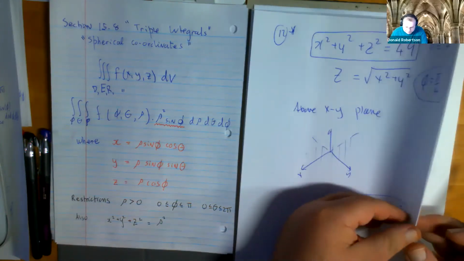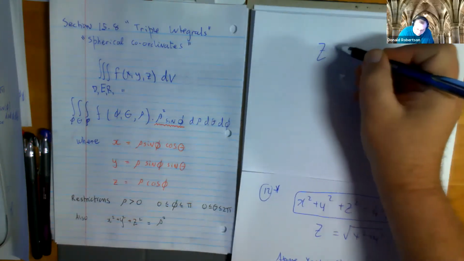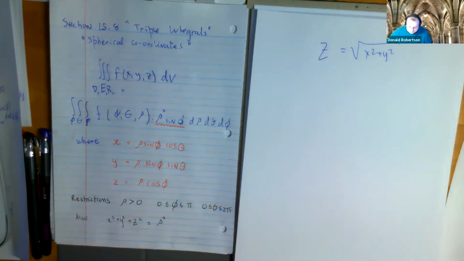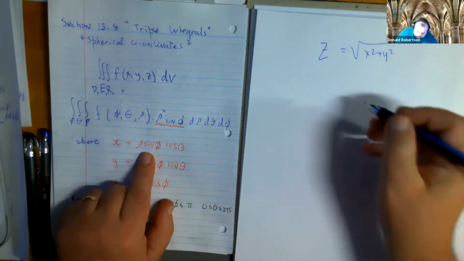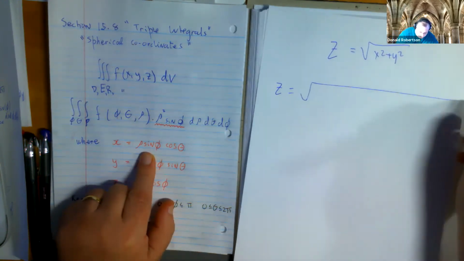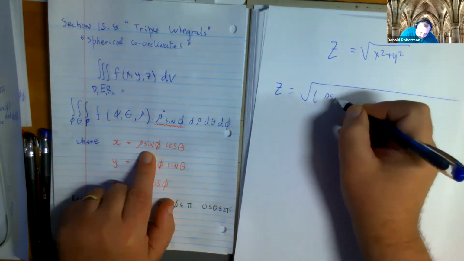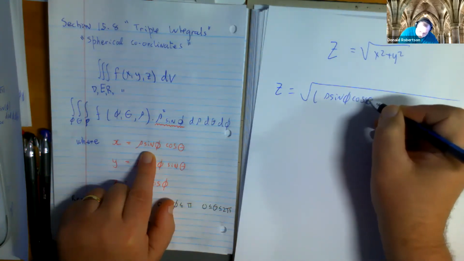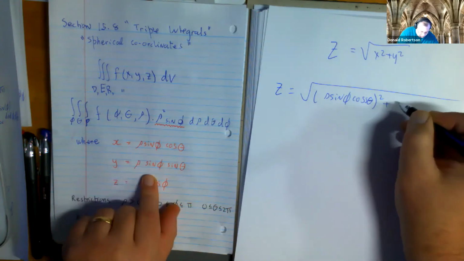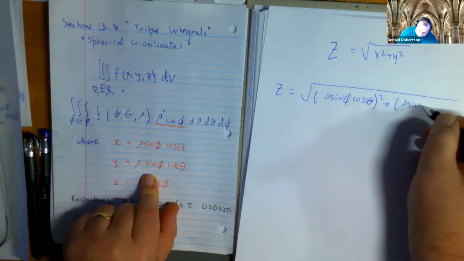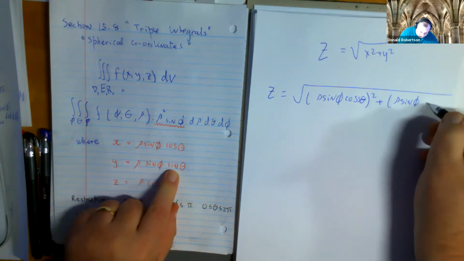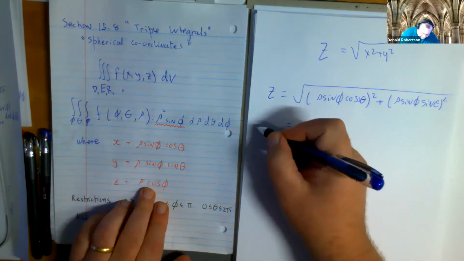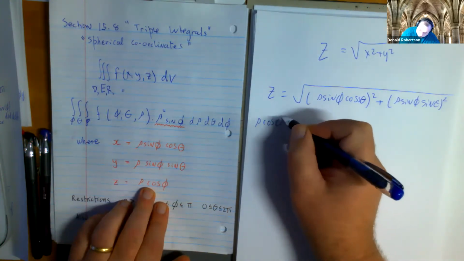So I'm going to use that z is equal to square root of x squared plus y squared. And I'm going to replace the x with this fella. So it's going to be rho sine phi cosine theta squared plus rho sine phi sine theta squared. And I'm going to replace z with rho cosine phi.